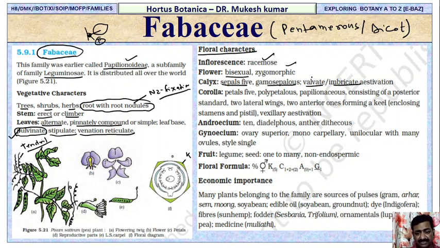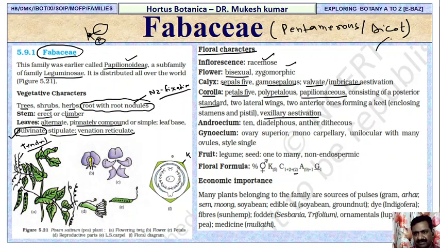Corolla has 5 petals, in a polypetalous condition. Of the 5, 2 are fused and the others are free. This is called papilionaceous aestivation, also called vexillary aestivation, also called descending imbricate aestivation. You find the standard in the posterior.